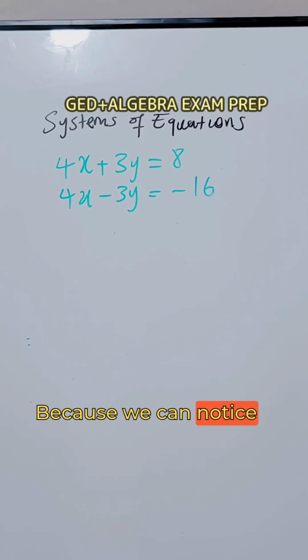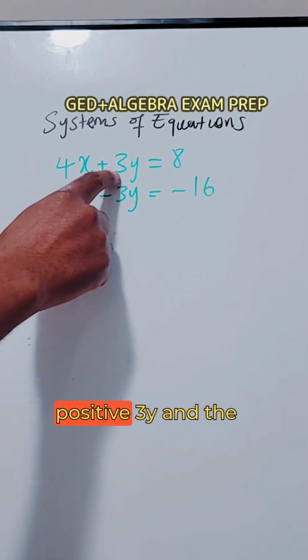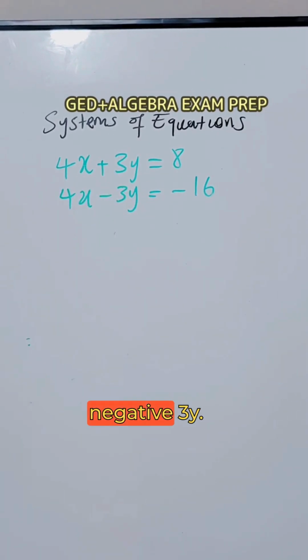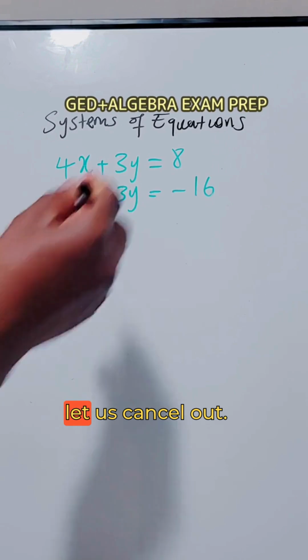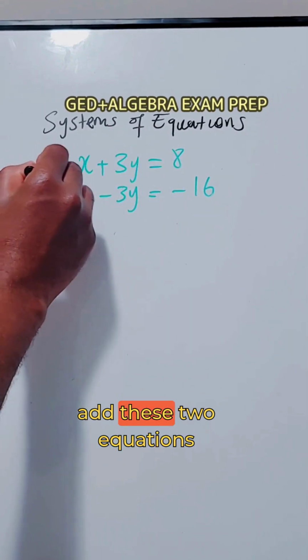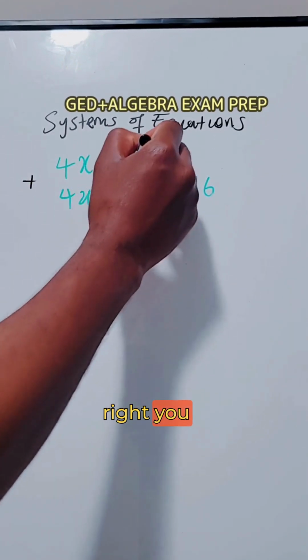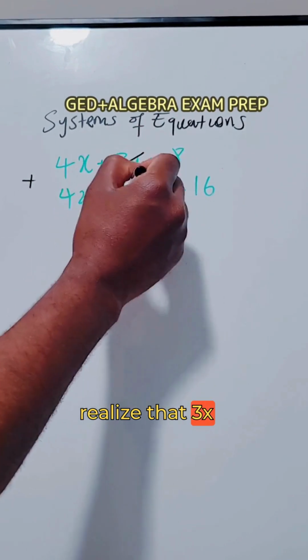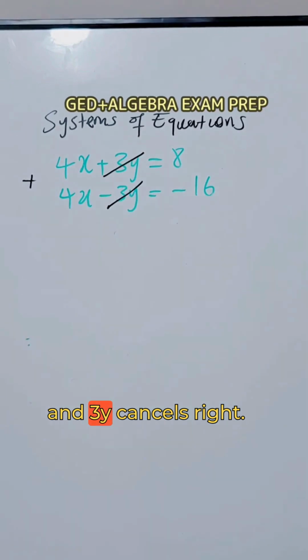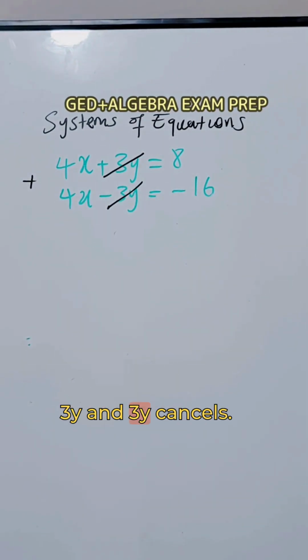Okay, so you can observe that this is a perfect elimination problem, right? Why? Because we can notice that we have the positive 3y and the negative 3y. So that means the y terms can cancel each other, right? So let us cancel out. When you add these two equations, you realize that 3y and 3y cancel.